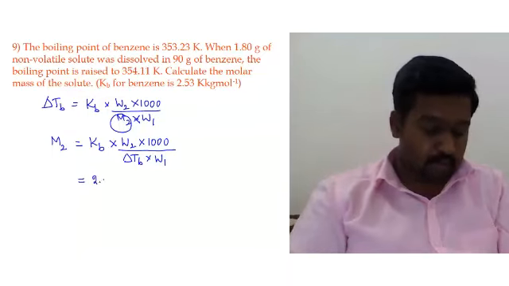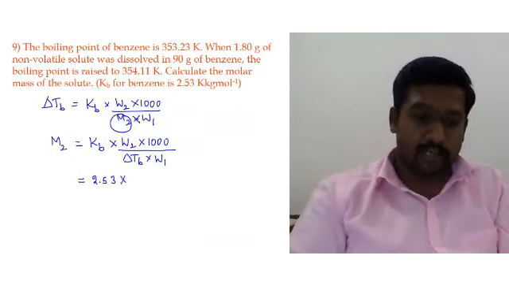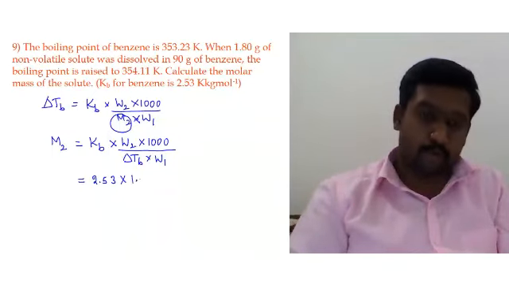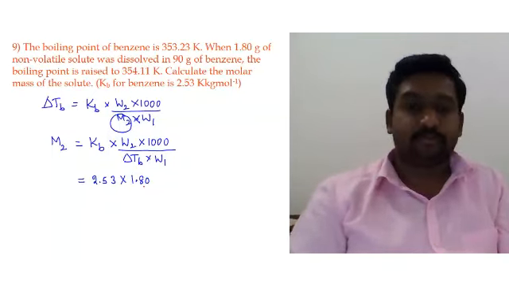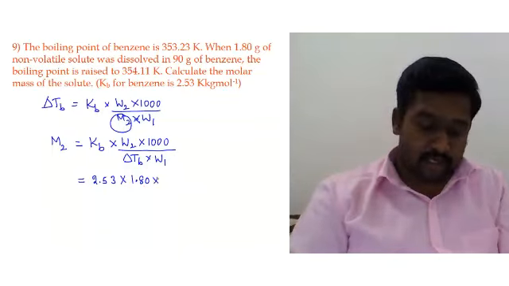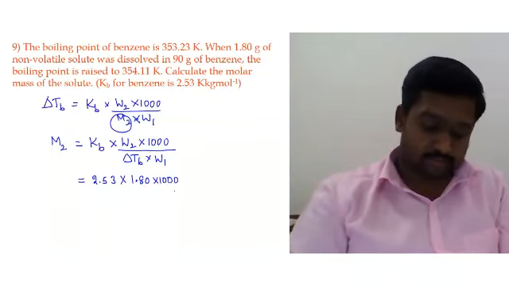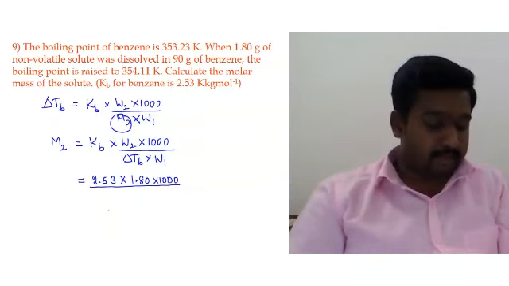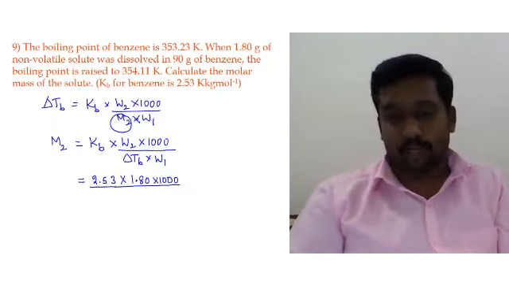Well, all the values are in the problem given, so directly substitute every value here. Kb is 2.53 into mass of the solute is given as 1.80 gram into 1000 whole divided by delta TB is the elevation of boiling point.